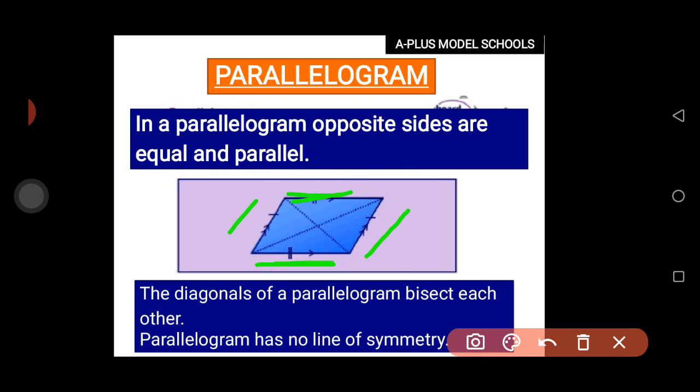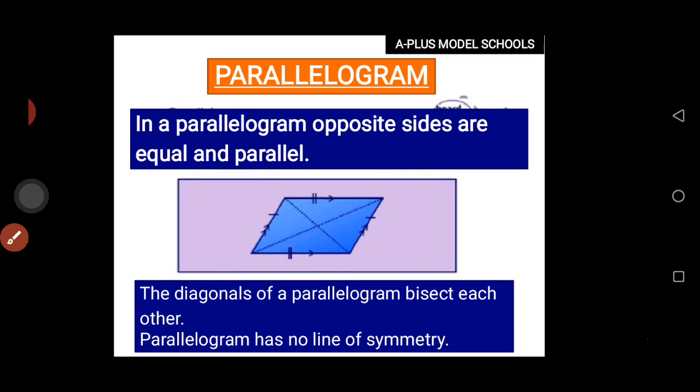This shows that these two opposite sides are equal and these two opposite sides are also equal. Are we getting what I'm doing? So this side and this side are parallel. This side and this side are also parallel, and that is why we call it a parallelogram.